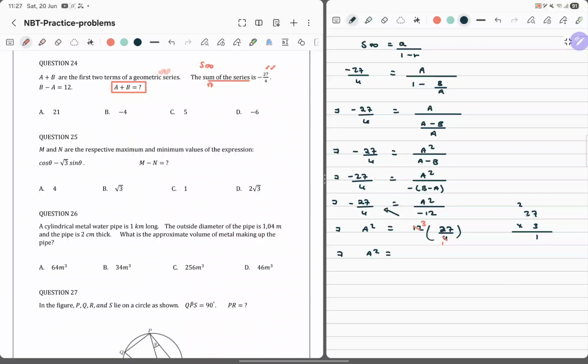Carry the 2. 3 times 2, 6. Plus 2, that's 8. So that's 81. I don't know why I didn't think about it, but it just is what it is. So this is basically 3 to the 4. I don't know why I didn't see it coming. But hey, be humble. So we know that this is a perfect square. Take a square root. Nice and easy. So this tells us that our a is plus or minus 9.